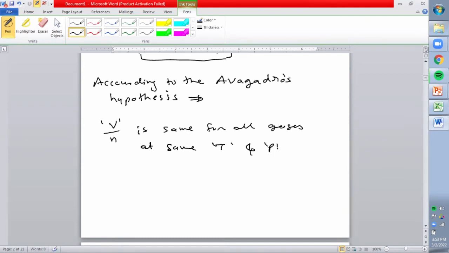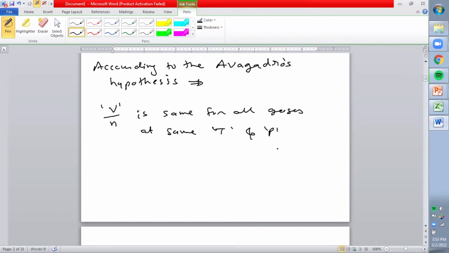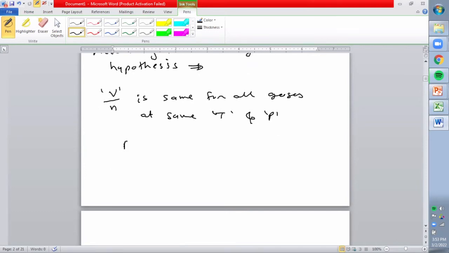So at the same pressure and same temperature, V by n is constant for all gases. So we can say the quantity PV by nT is the same and constant for all gases. Yes or no? Yes, sir.